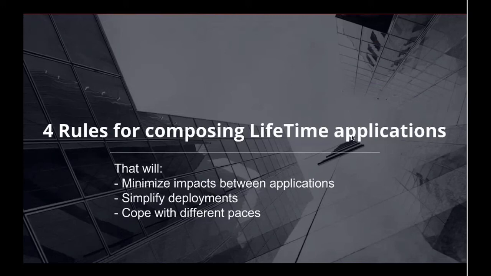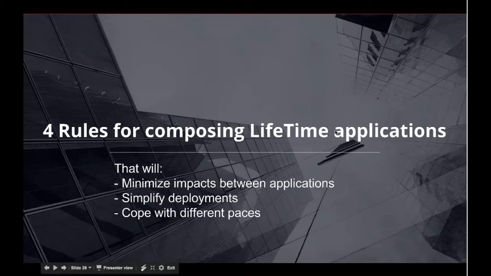But now we also need to consider the applications, because an application is a set of modules, and there is also an architecture for applications, not just for the individual modules, but for the application itself. So I'm going to talk about 4 rules for composing lifetime applications. And when I say lifetime, just to make sure what is an application here, because there's some confusion between what is perceived as an application and what is an application in OutSystems.